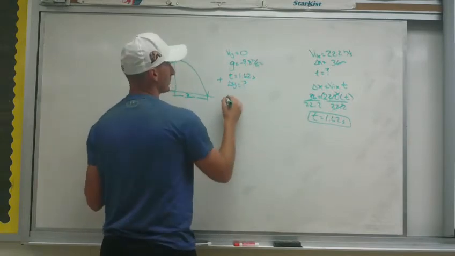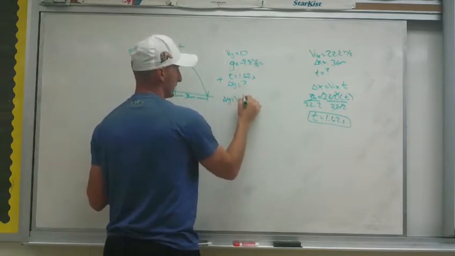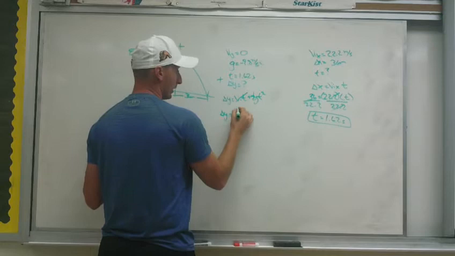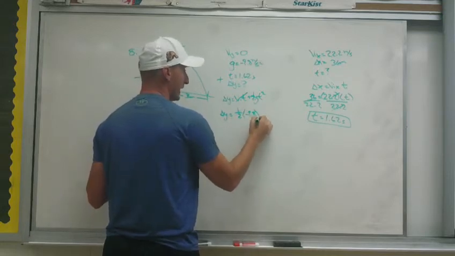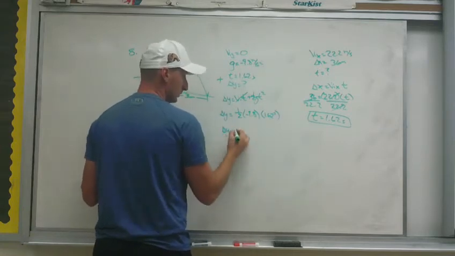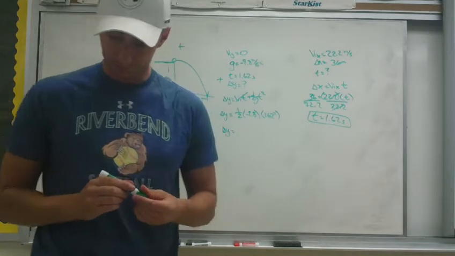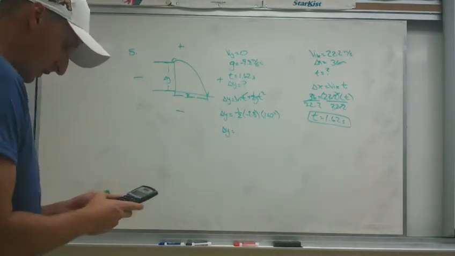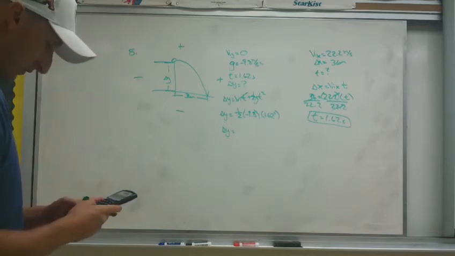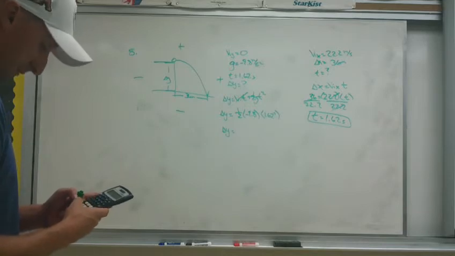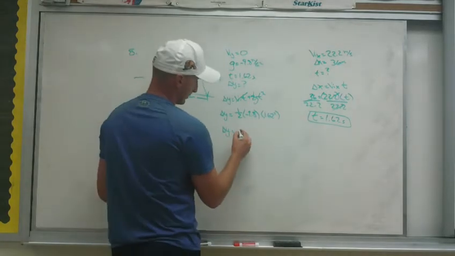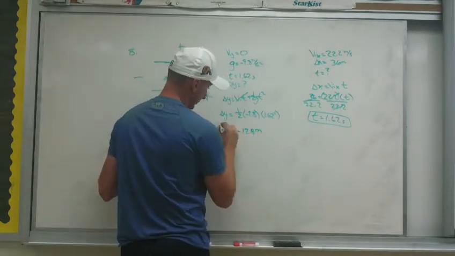All I have to do here is pick an equation. Delta y equals VIT plus 1/2 GT squared. VI is 0, so it goes away. Delta y is what I'm looking for: 1/2 G, negative 9.8, T is 1.62 squared. 1.62 squared times negative 9.8 times 0.5, I get negative 12.8 meters.